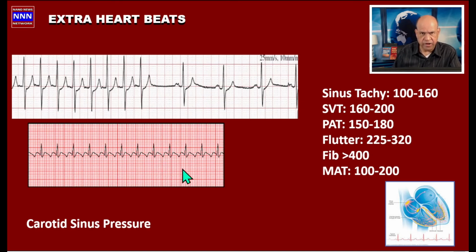When we do a carotid pressure, it blocks the conduction through the AV node, and it might unravel the flutter waves if they are there, but if it's a case of paroxysmal atrial tachycardia, it may even terminate it. That's why some people with paroxysmal atrial tachycardia have learned to use vagal maneuvers to slow the heart rate down to a point where it may terminate the paroxysmal atrial tachycardia.